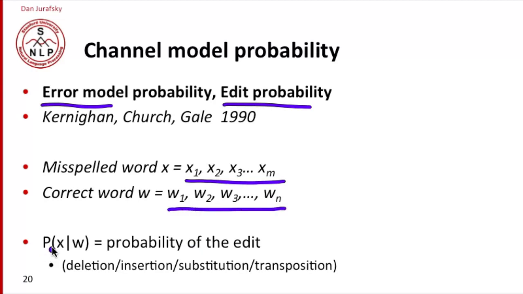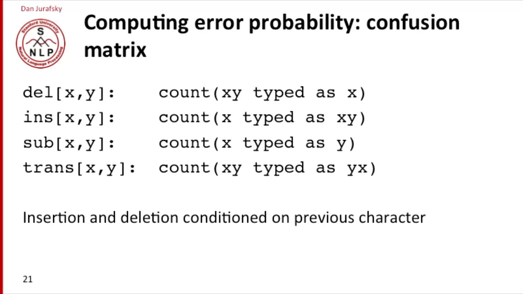Now the probability of the edit, X given W, is going to be some set of deletions or insertions or substitutions or transpositions, some set of edits. The way that we're going to model that is we're going to create a confusion matrix. A confusion matrix says for any given letter or pair of letters, how likely is a particular edit to happen.